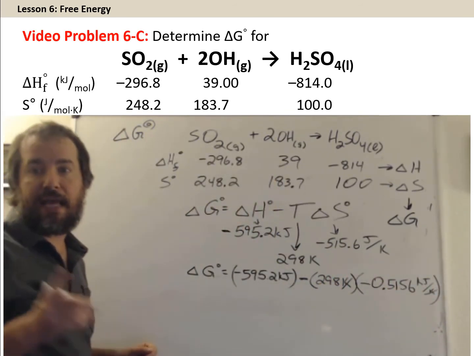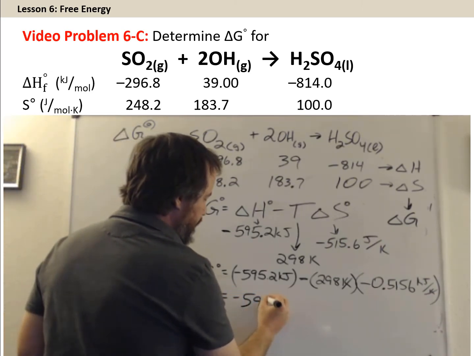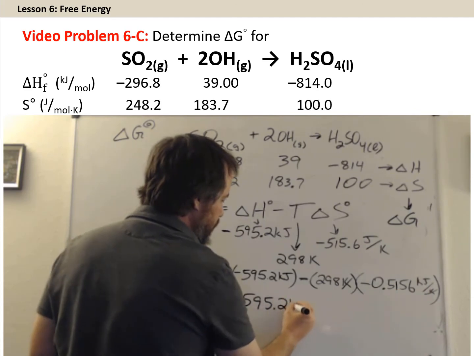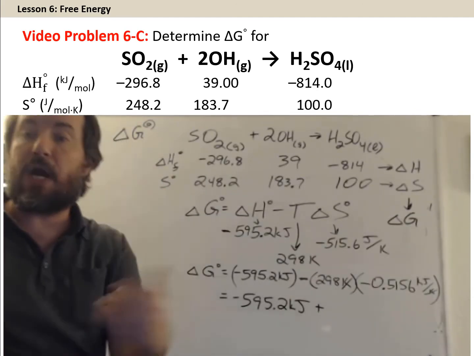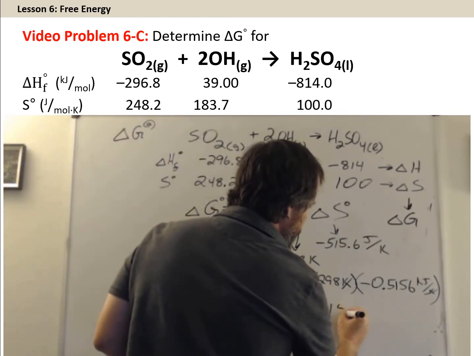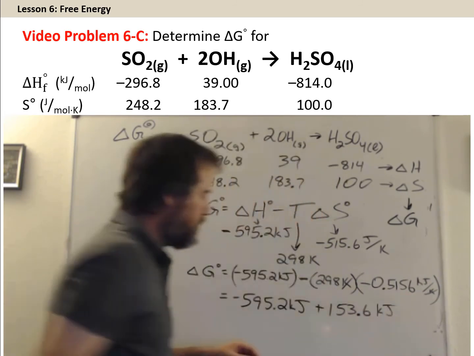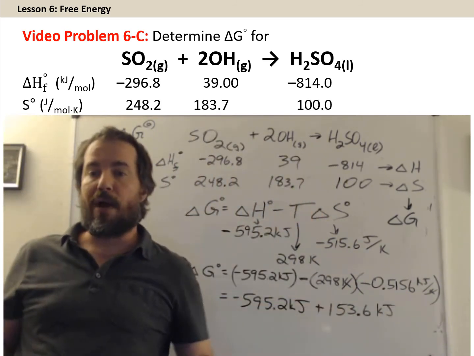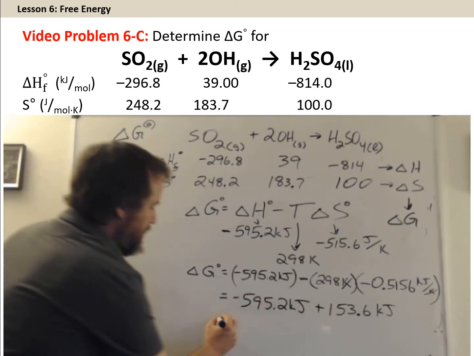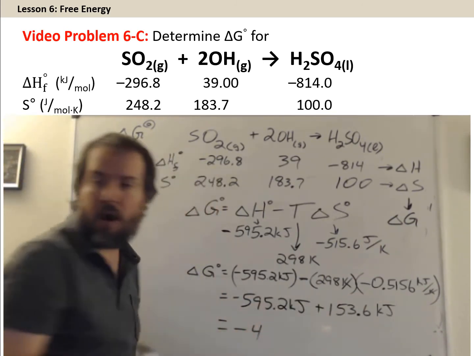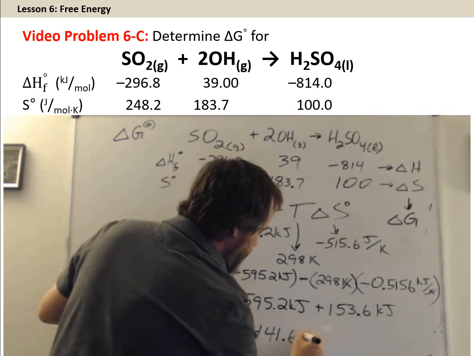This is still negative 595.2 kilojoules. This now, negative times a negative, that gets me a positive. So this will give me 153.6 kilojoules. Okay? So I'm going to go ahead, take this minus, and add this, and I'm going to get negative 41.6 kilojoules.